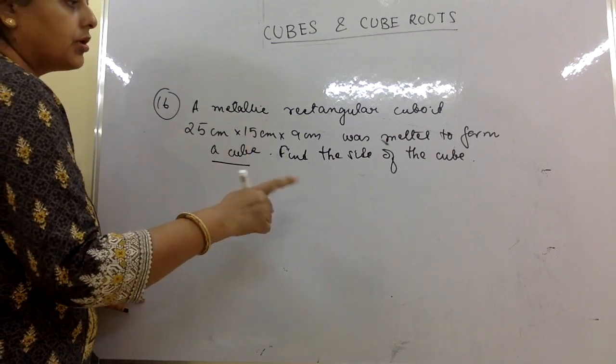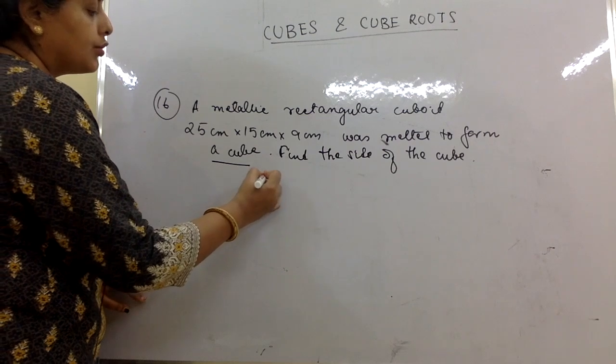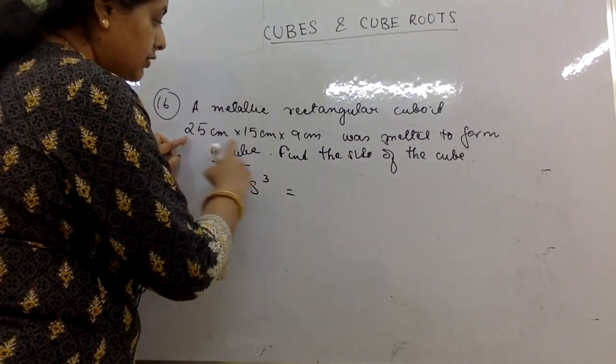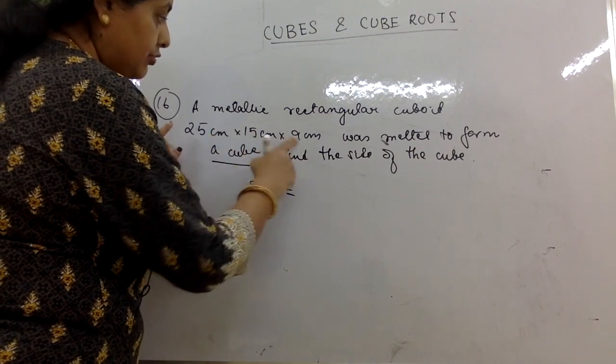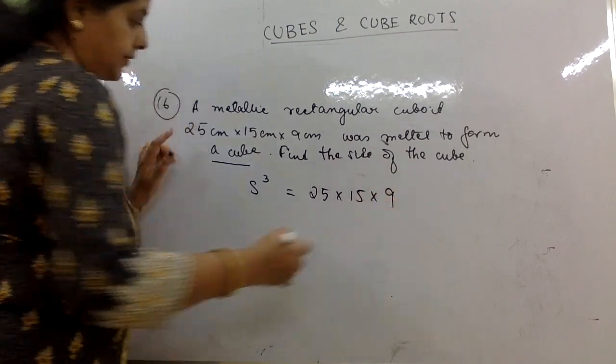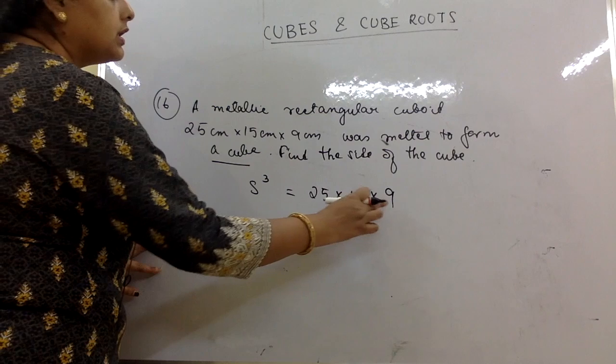Now what is the formula of volume of a cube? Volume of a cube is side cube. If I take S as the side, S cube is going to be equal to this volume, L into B into H. So now 25 into 15 into 9.